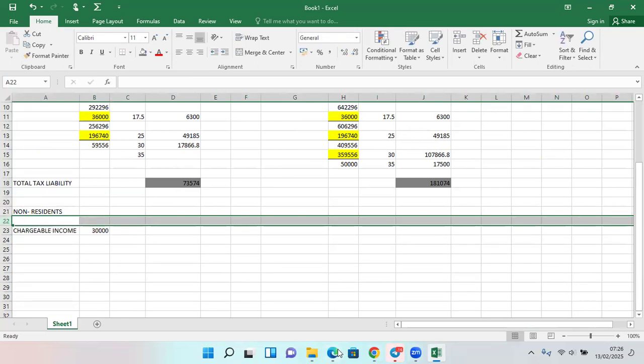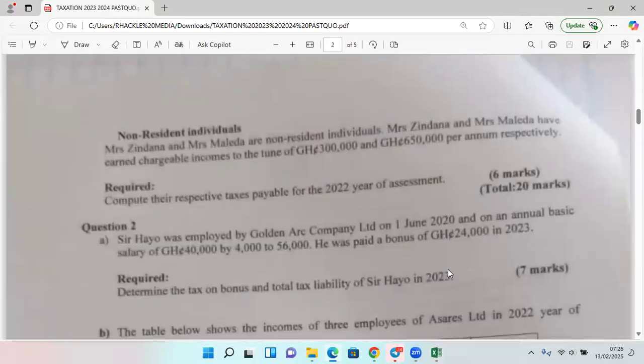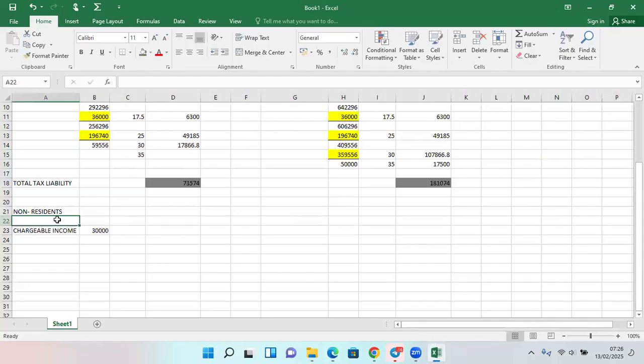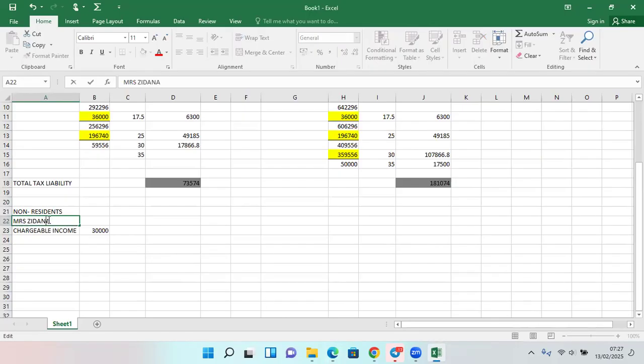So the first person is Miss Zidana, and then Miss Maleba. I'm putting Miss Maleba.